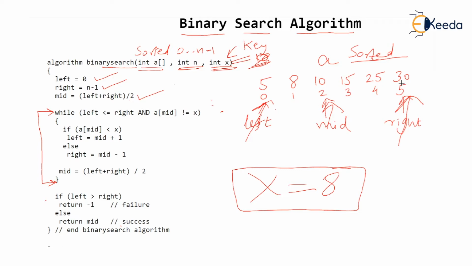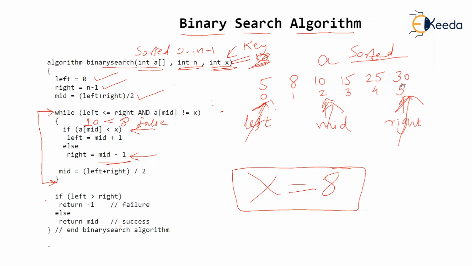We are going to now check if a of mid, notice a of mid is 10, is it less than the value that we are searching for, 8? That's false. So obviously the value at mid is greater than the key that we are searching. So the key is less, so it must be to the left of mid. Hence we jump to else and we make right equal to mid minus 1.